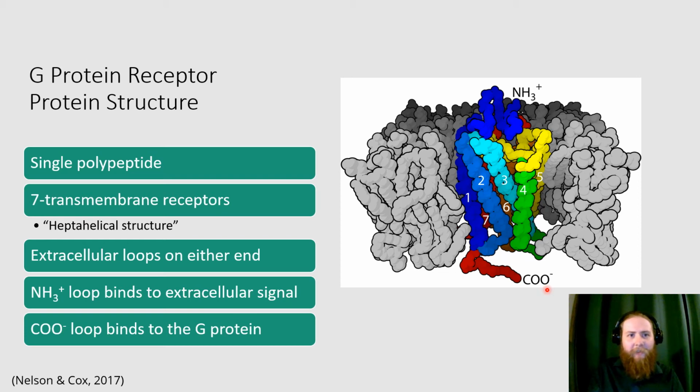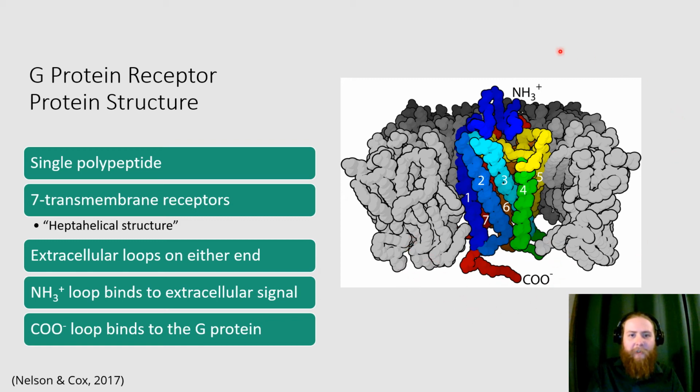On the outside of the membrane, in the extracellular space, there is an amino group here. And on the inside of the structure, there is a carboxyl group. Now these groups are polar. The amine group is going to interact with things that are coming in the extracellular matrix, and the carboxyl group is going to interact with things that are coming from the intracellular side.